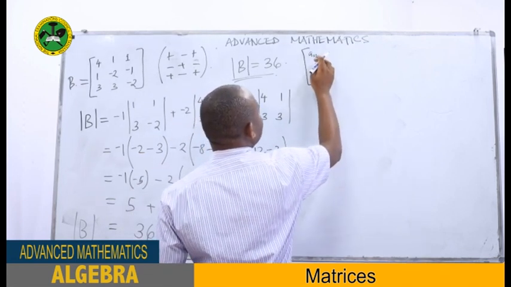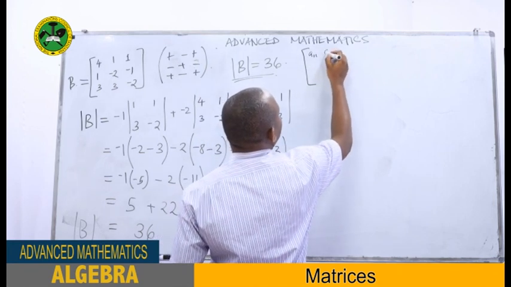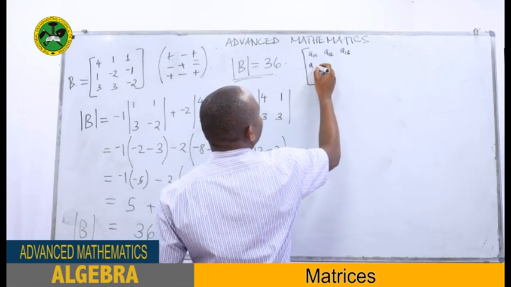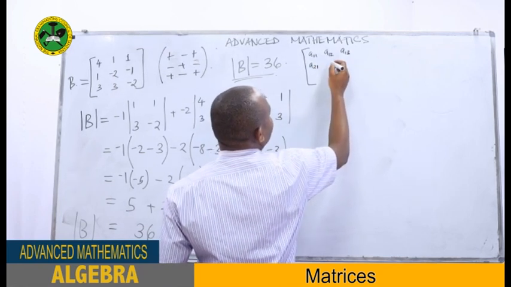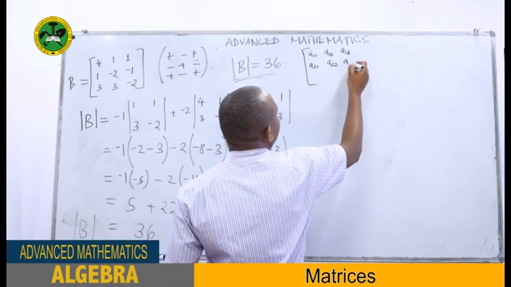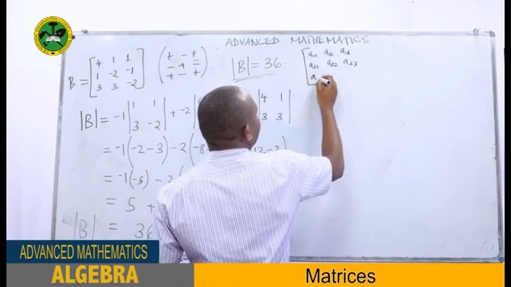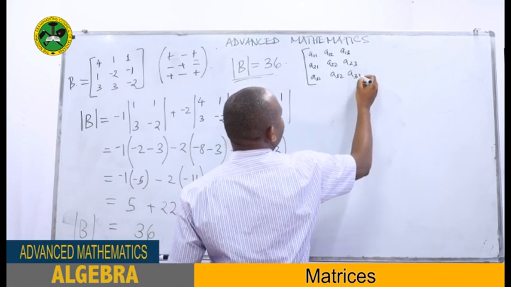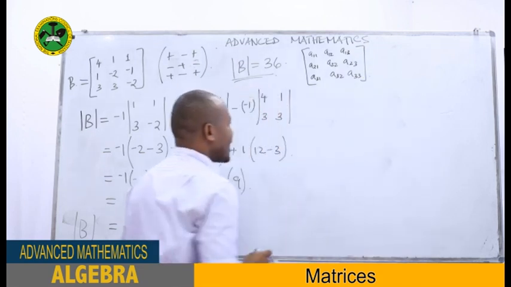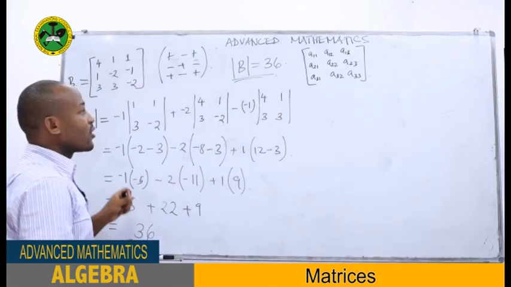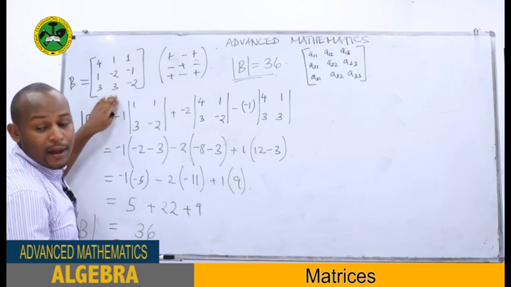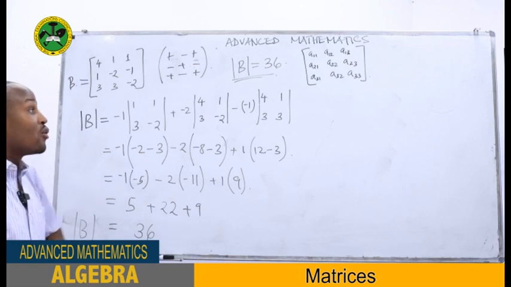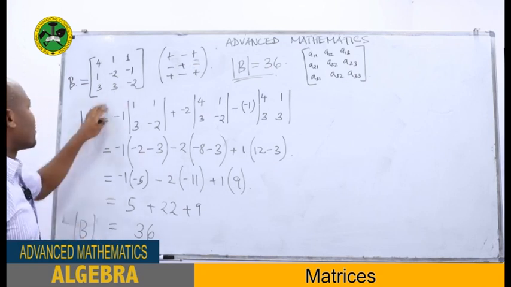A1,1 means the first row, the first column, and then we have A1,2, A1,3, A2,1, A2,2, A2,3, A3,1, A3,2, A3,3, so that I can understand the position of the cofactors in that matrix.